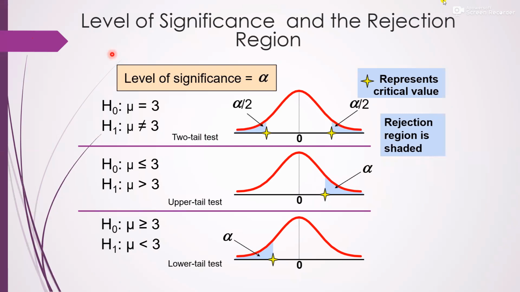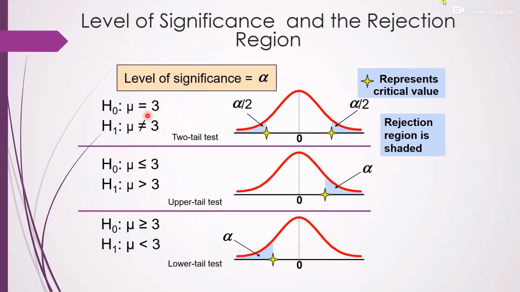the level of significance and the rejection region, right? This is very important to identify our rejection regions. The rejection regions are decided based on the alternative hypothesis.